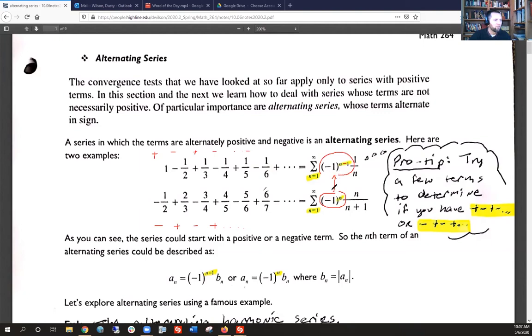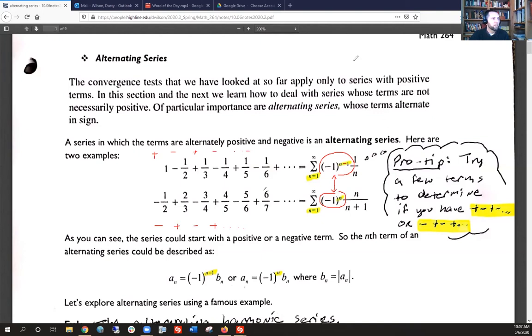So if you see a -1 to the power, that tells you it's going to be alternating. If you want to create an alternating series, then you would put a -1 to the n power. The n and the n minus 1 are there to help determine whether you want to start with a positive term or start with a negative term. And my pro tip is that rather than memorizing some formula, I would encourage you to just try one of them.